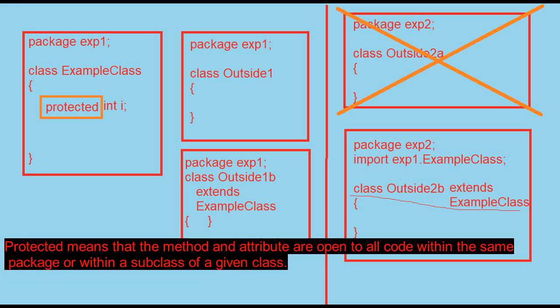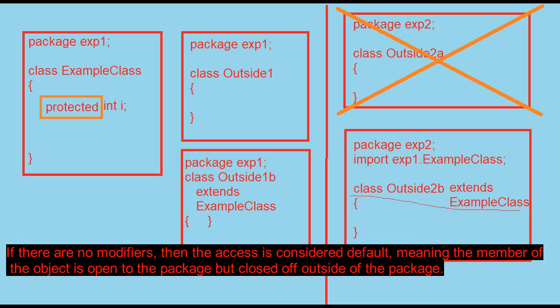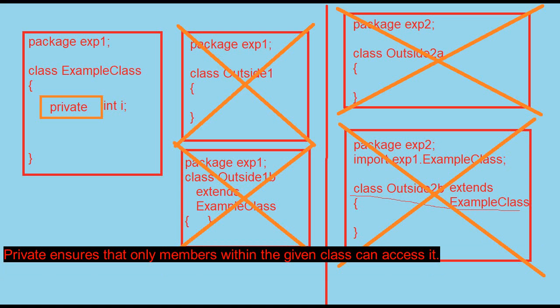Protected means that the method and attribute are open to all code within the same package or within a subclass of a given class. If there are no modifiers, then the access is considered default, meaning the member of the object is open to the package but closed off outside the package. Private ensures that only members within a given class can access it.